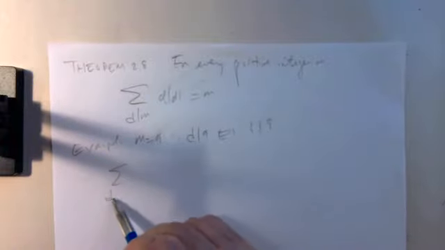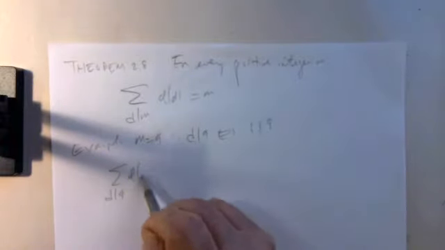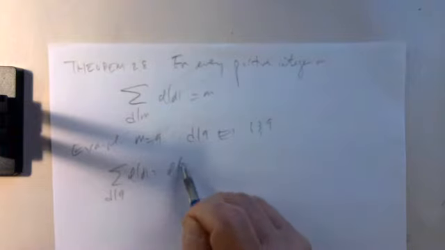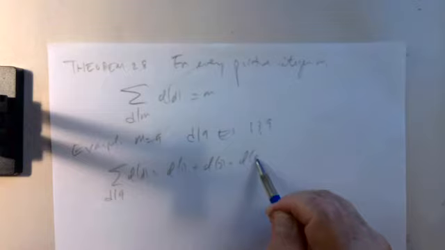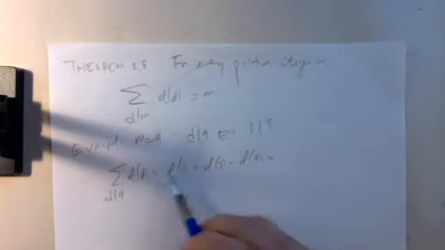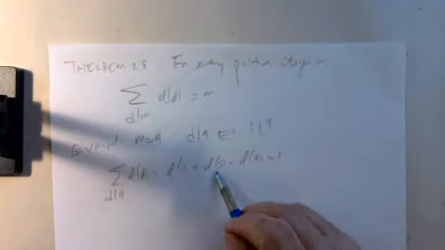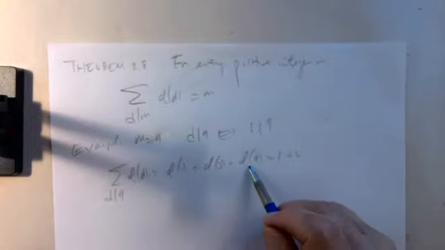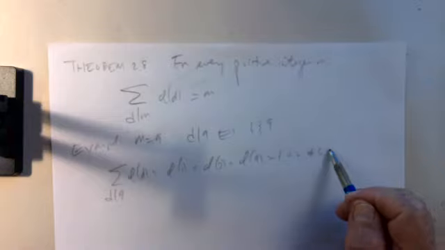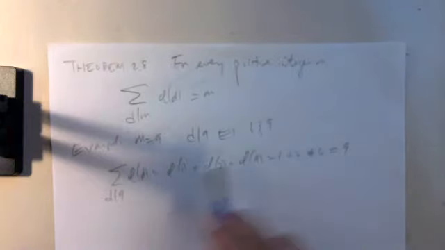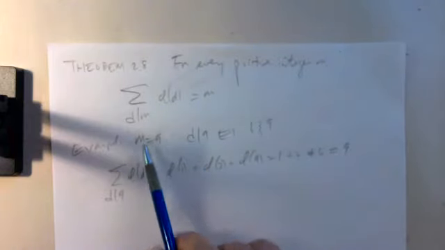So the summation over all the divisors of 9 of phi of d is phi of 1 plus phi of 3 plus phi of 9. Phi of 1 is 1. Phi of 3 is 2. Phi of 9 is 6. And 1 plus 2 plus 6 is 9. Right? That's what this says.